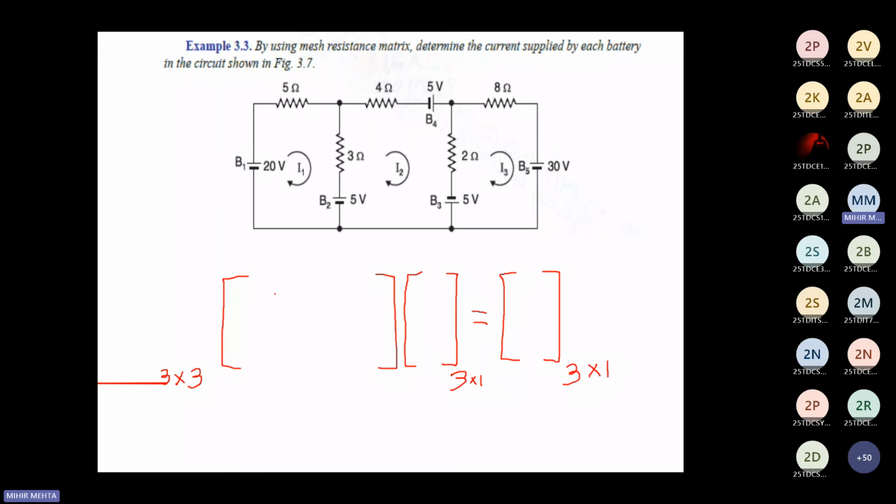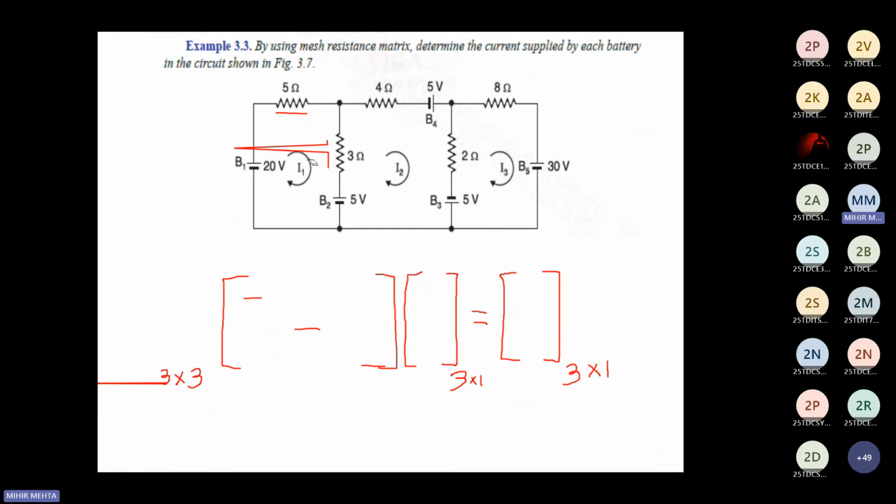Okay. Now, since I said that this is a shortcut method, you can form the matrix before writing the equations. When we form this particular matrix, let us first start with the diagonal elements. The diagonal elements are R11, R22, and R33. R11 is nothing but the resistances which are connected with mesh number 1. If you look at the overall resistance, 5 ohms and 3 ohms is the overall resistance connected with your mesh number 1.